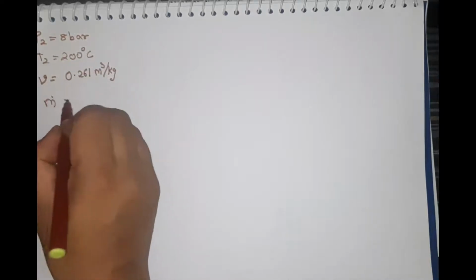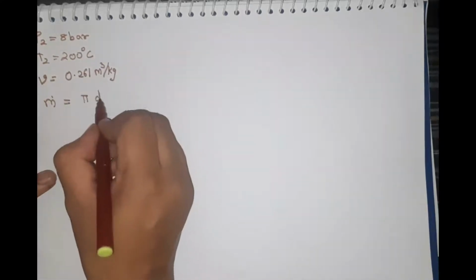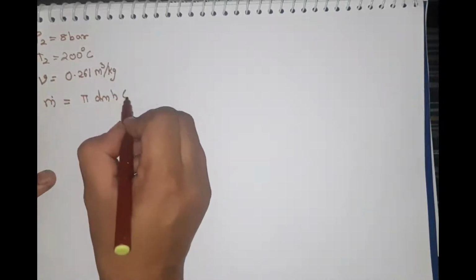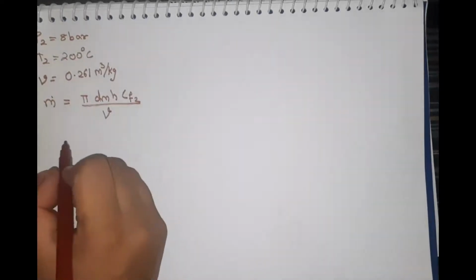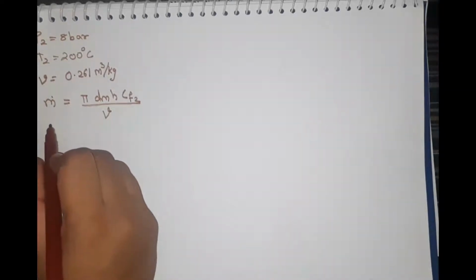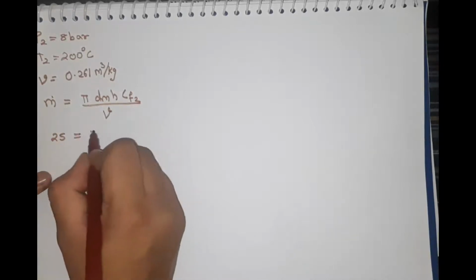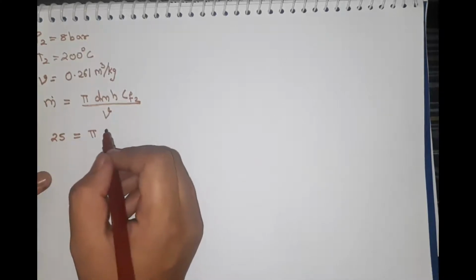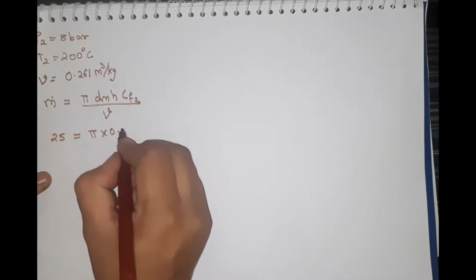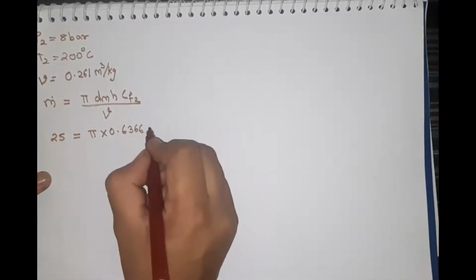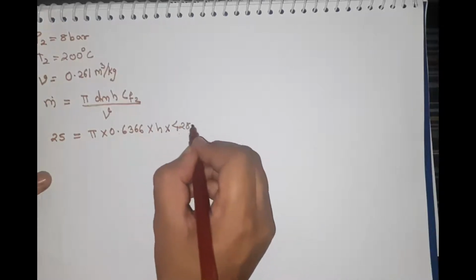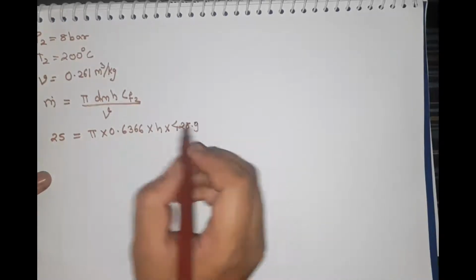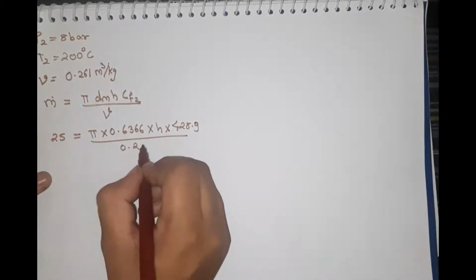Now m dot is equal to pi dm h into cf2 upon this specific volume. As m dot is now known to us, that is 25, so pi dm also we have found as 0.636 into h into cf2 is 428.9 divided by 0.261.